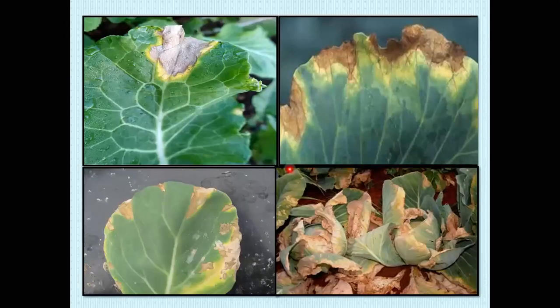Okay, you can see these photographs of black rot symptoms on the leaves of cruciferous crops. This bacterium infects seedlings raised in the nursery bed as well as mature cruciferous crops in field conditions. Infected plants become stunted.